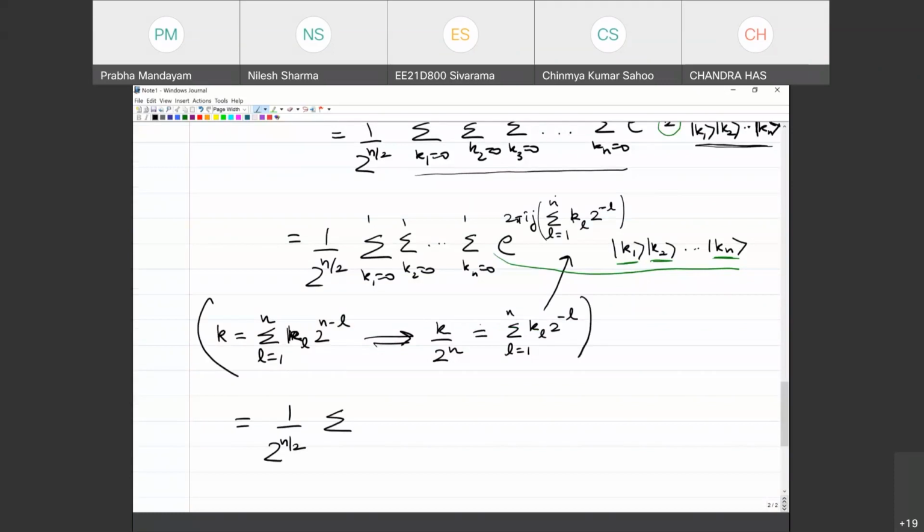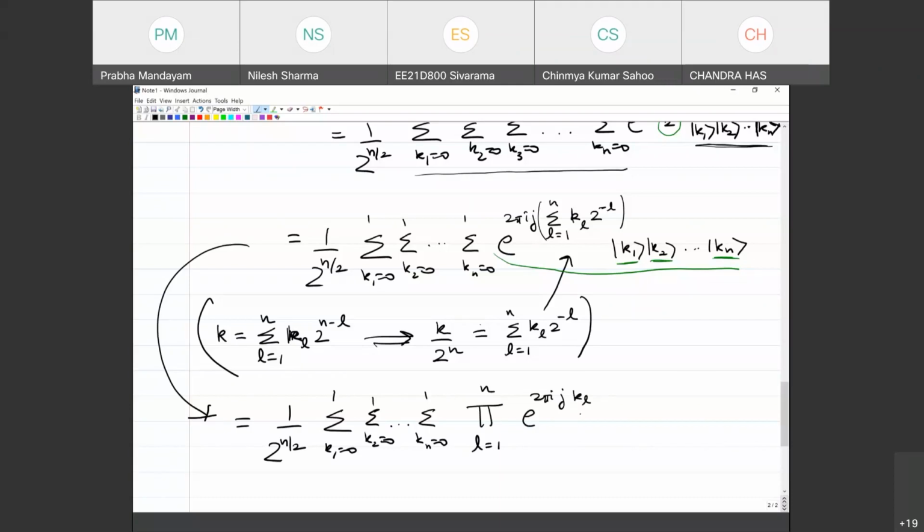So now from here we come here. I'm going to write this as a product over l, l going from 1 to n, e to the 2 pi i j kl by 2 to the l, ket kl. And actually, instead of this product, what I should be writing out here is what's called a tensor product, like this.